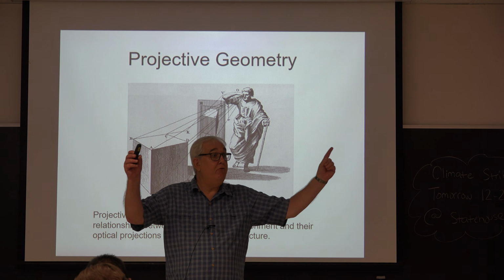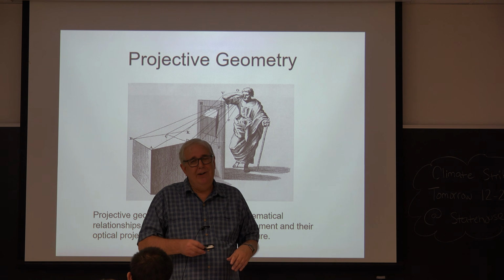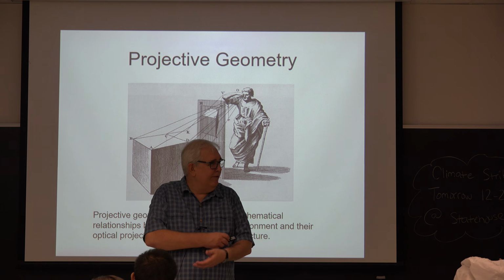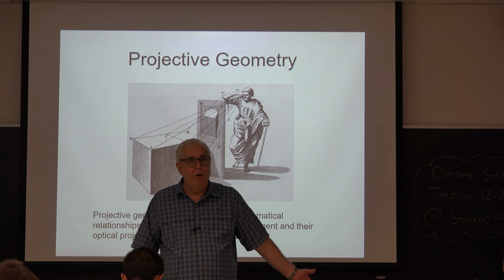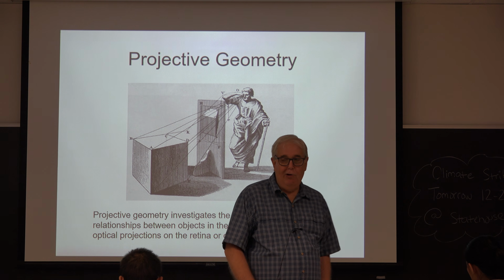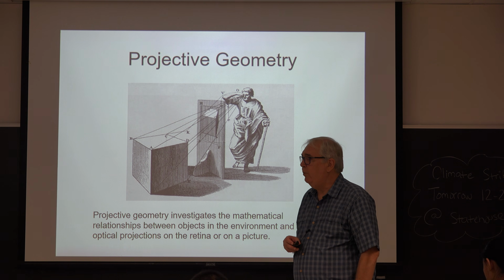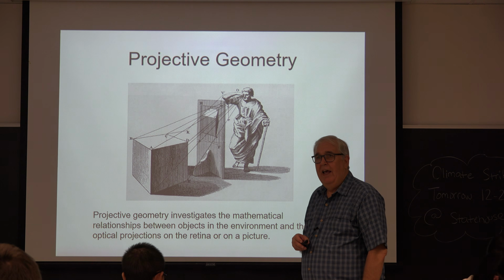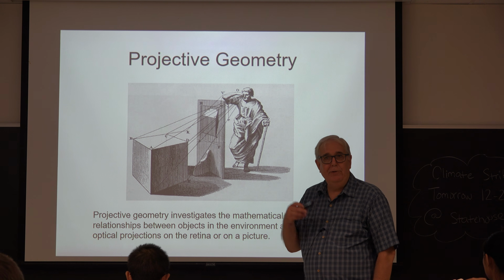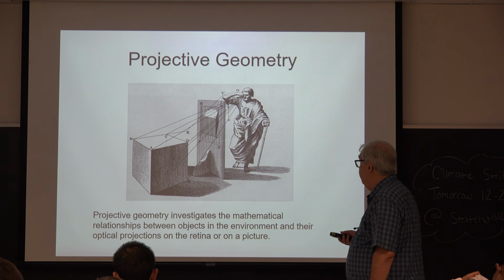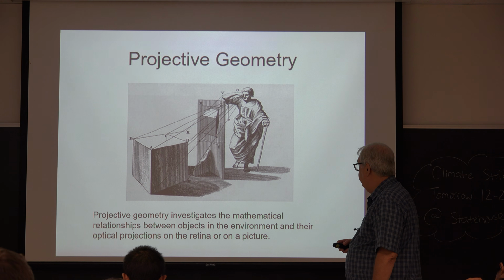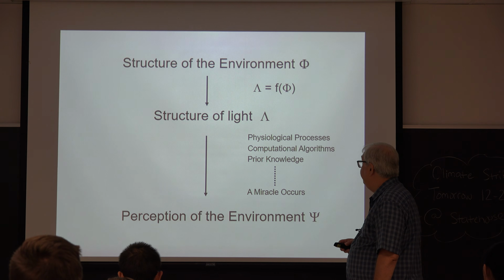You say, we have two eyes. Yeah, but I close one eye, the world still looks 3D. So binocular vision is helpful to us, but it's not the end-all. And so one of the things we need to worry about is how we get around the projective ambiguity of the way light behaves relative to the eyeball.